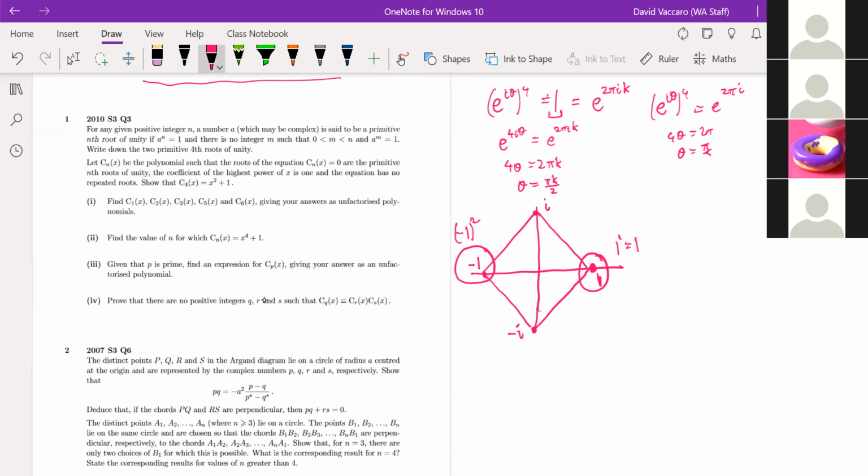But if I think about i, it is a primitive fourth root, because if I consider the powers of i, I get i, i squared is negative 1, i cubed is negative i, and then i to the 4 is equal to 1. So the first time i to the 4 is equal to 1 is the fourth power. So i is a primitive root.